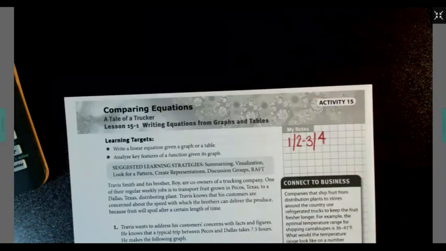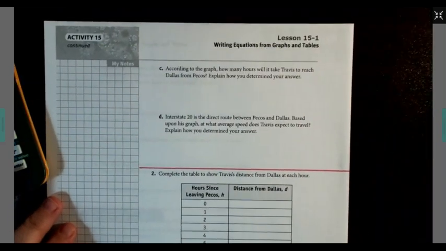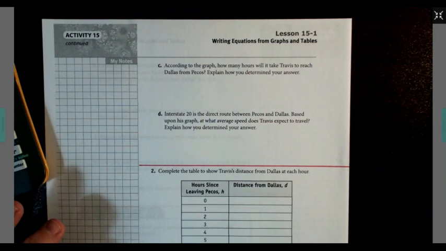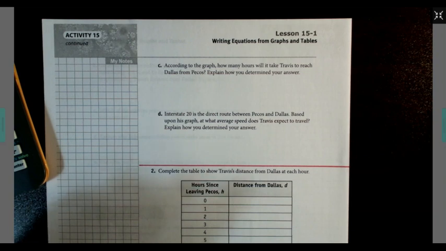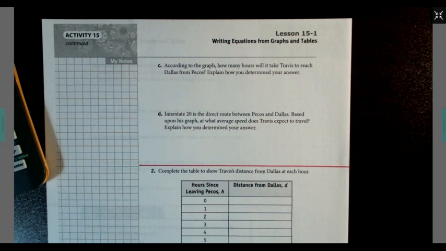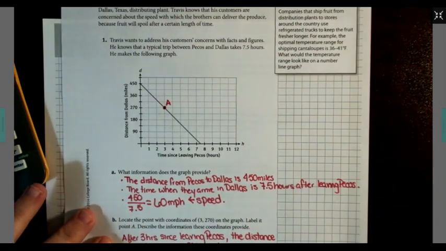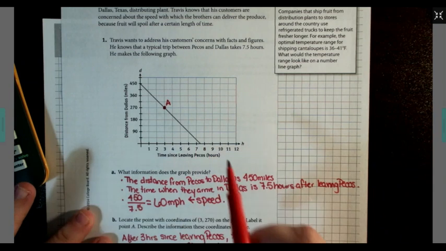Let's take a look at C on the next page. According to the graph, how many hours will it take Travis to reach Dallas from Pecos, and explain how you determined your answer? Well, I think it would be 7.5.